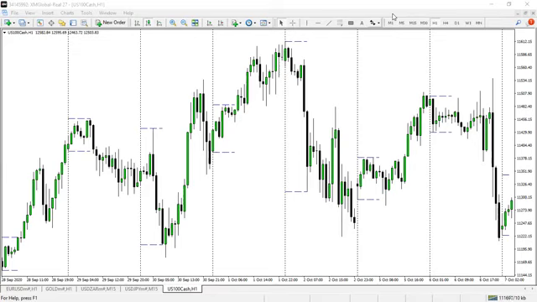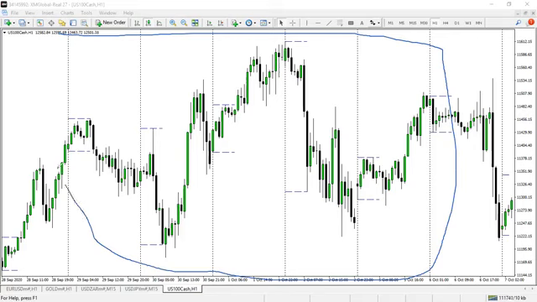Can you identify them and mark them? They are right here. They are right in here.